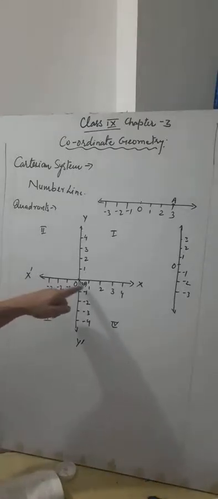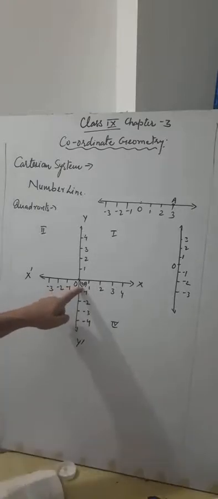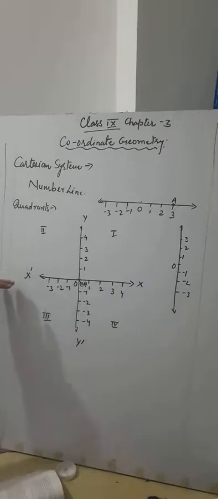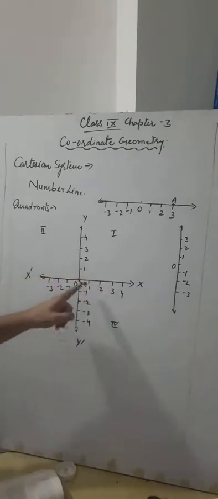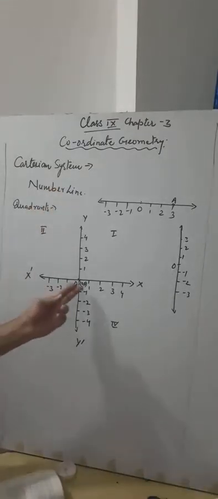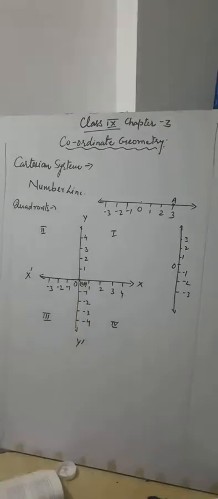So the first number represents the place value on the x and x dash axis, means the horizontal line, and the second number represents the place value of the point on the vertical line. So there are two numbers, so it is called an ordered pair, and this ordered pair is called coordinates.